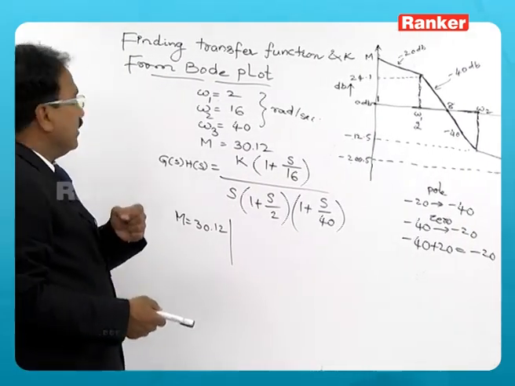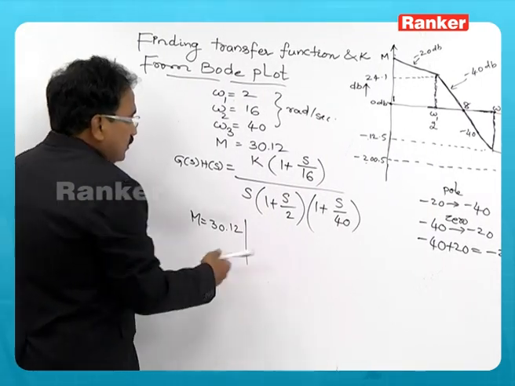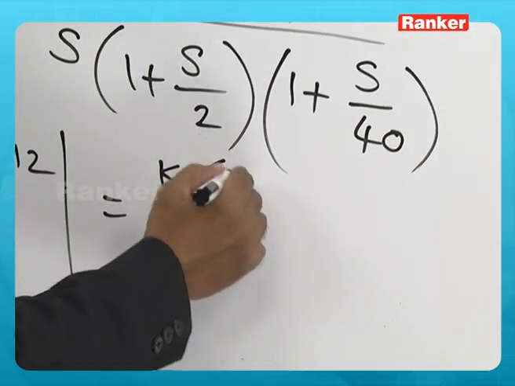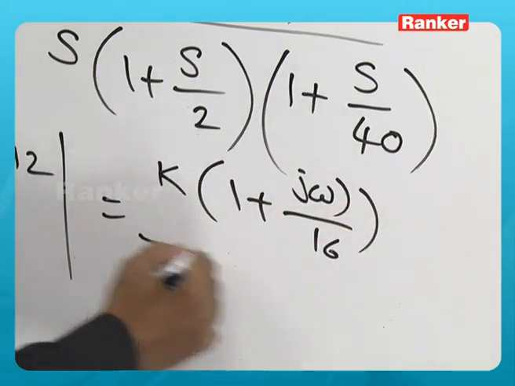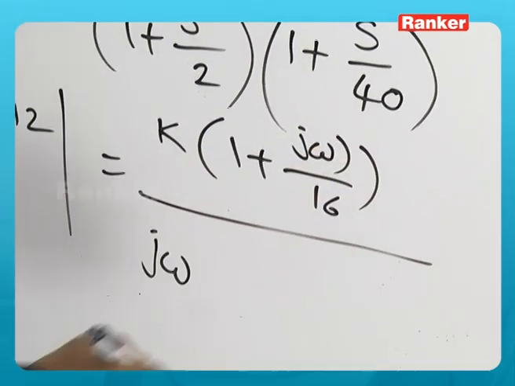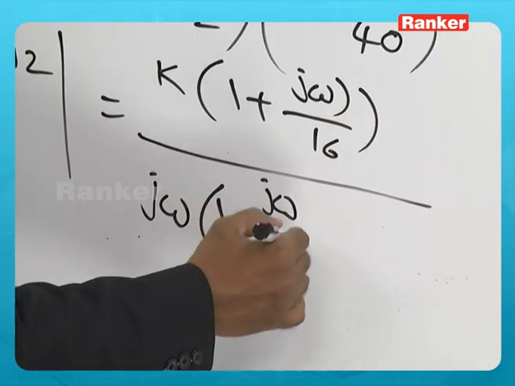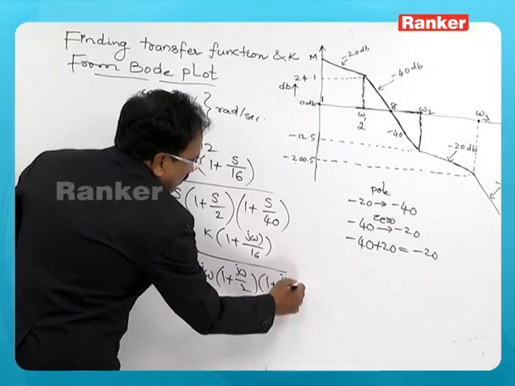So, that is equal to K into 1 plus j omega by 16 by j omega, replacing s by j omega, 1 plus j omega by 2, 1 plus j omega by 40.